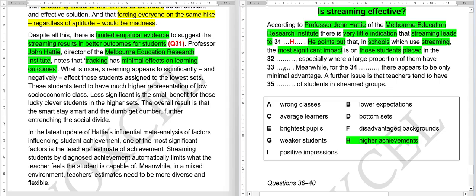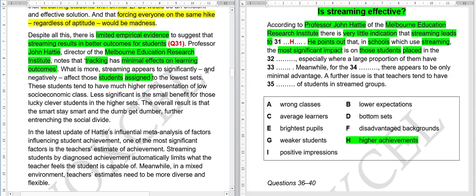Again, let's see what our answer should be here. So let's read from here. Professor John Hattie, Melbourne. So we have done that. What is more, streaming appears to significantly and negatively affect those students assigned to the lowest sets. So here they're talking about the students placed, assigned. Here is something talking about the assignment.